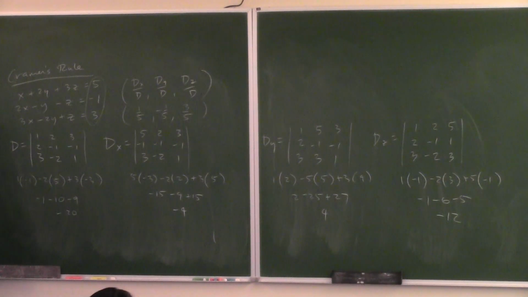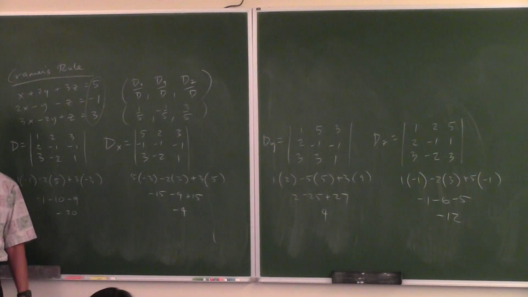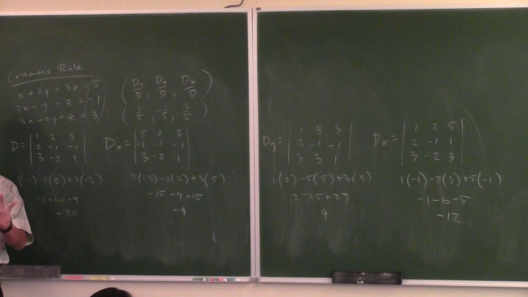So, if we had a test, the very first problem would be solve 4 equations, 4 variables. Tell me what you would have to do. How many 4x4 determinants would you have to solve? 5. D sub w, d sub x, d sub y, and d sub z. That's problem number 1.